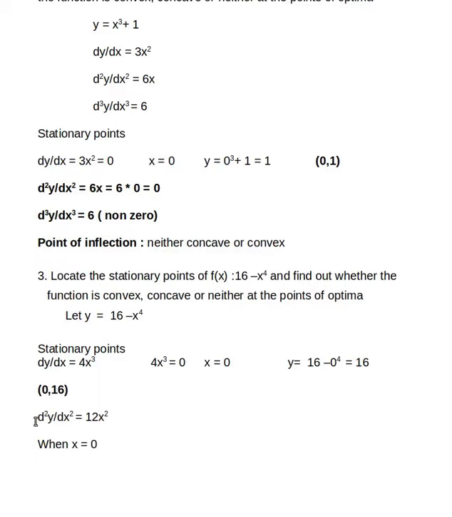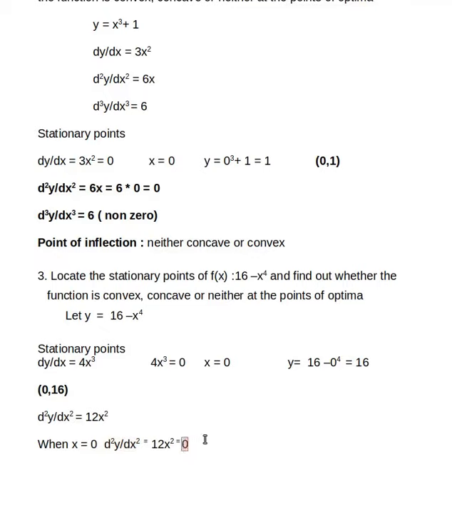So the second derivative is 12x square. When we put the value as 0, then you will get 0. So d square y by dx square is equal to 0.